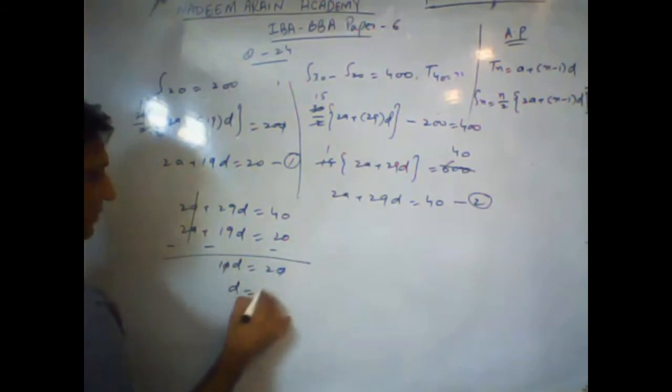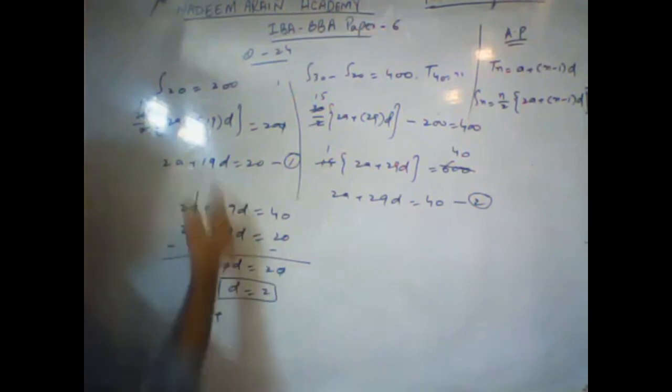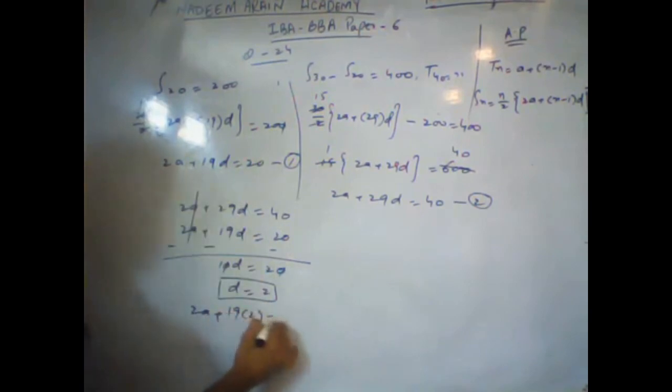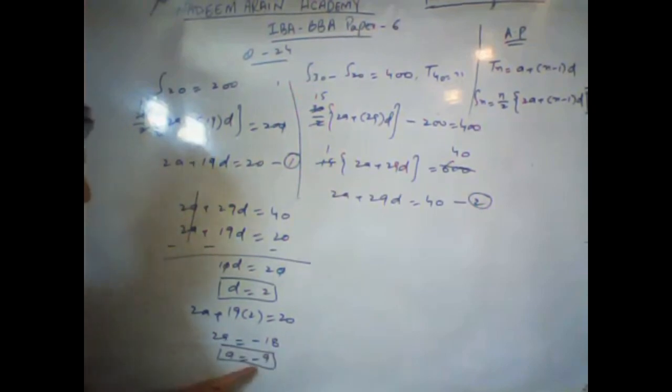So we have d is equal to 2. If we put this 2 here, 2a plus 19 times 2, that is 38. 2a is equal to 20 minus 38, which is minus 18. So a is equal to minus 9. So we have got a is minus 9 and d is 2.